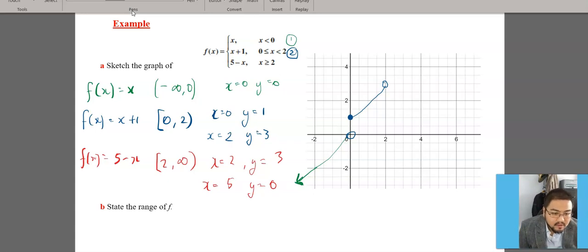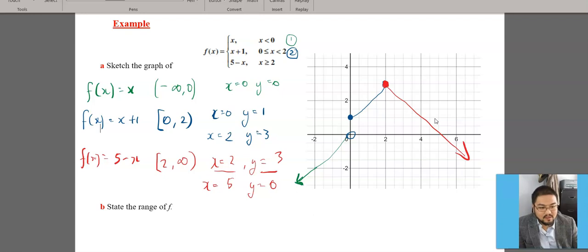So, this point here, since it's open, since the point's going to overlap, you can see that we will actually end up closing this dot, despite the fact that it was open at the start. Okay, and we join that point there, and we're going to join and extend. I'll have to pause this for a second. Okay, so we join and extend, and you can see that it ends up being a function that continues onwards.